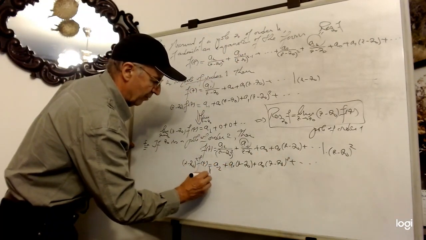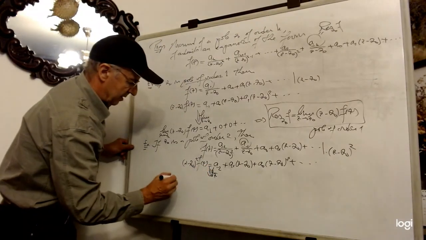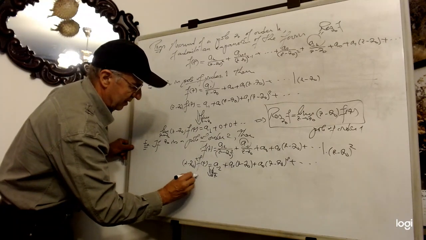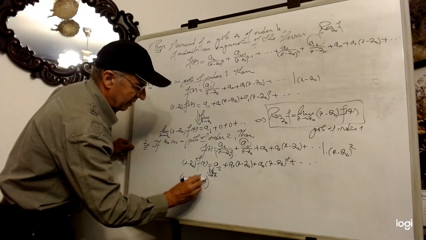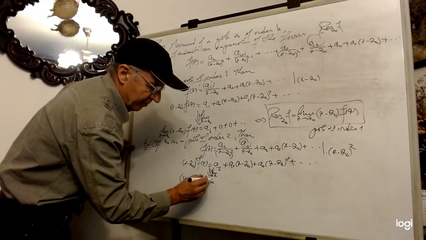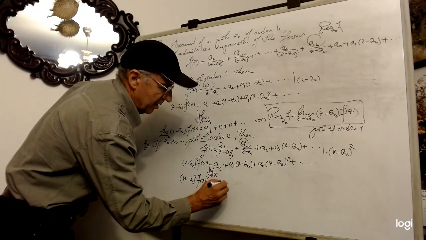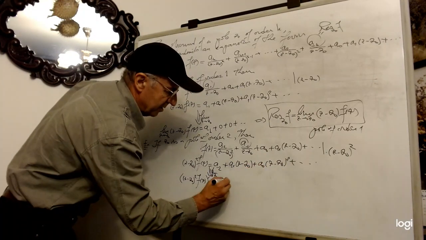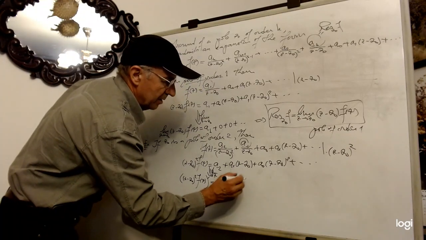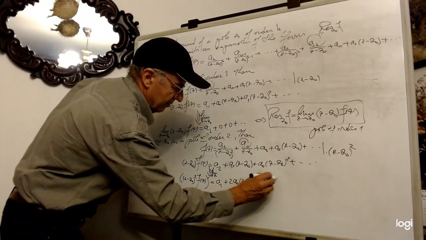Now here we consider the derivative with respect to z. So the derivative of (z - z0)^2 f(z): the derivative of a constant is 0, so it is a_{-1} + 2 a0(z - z0) + and so on.